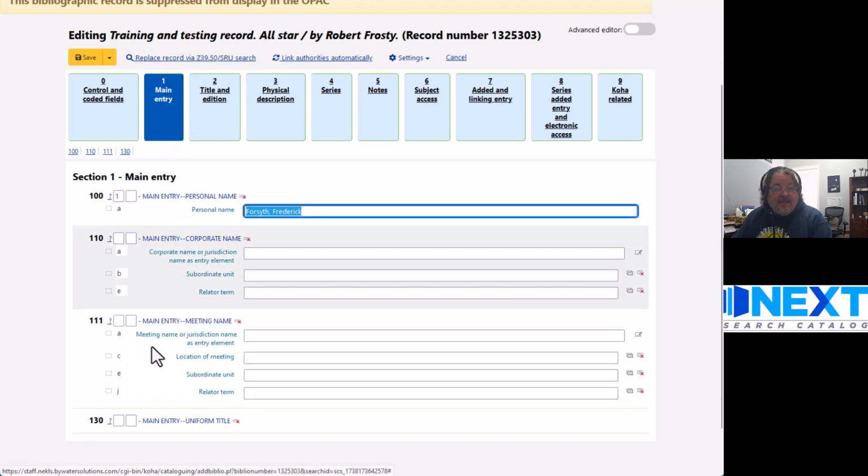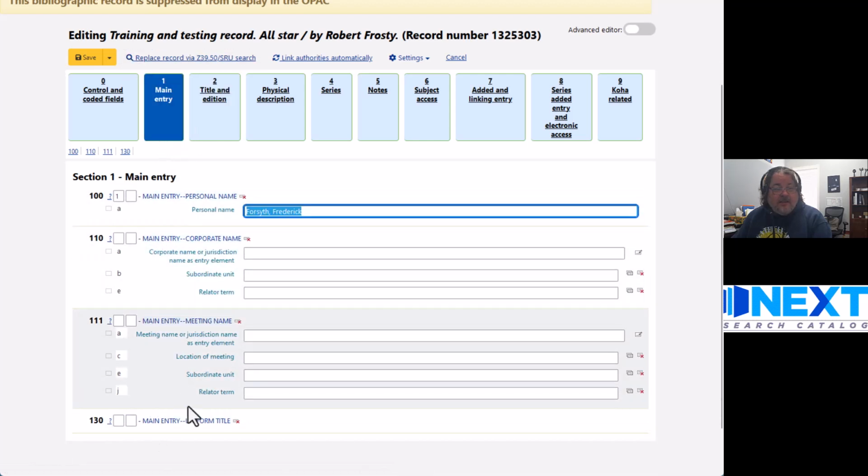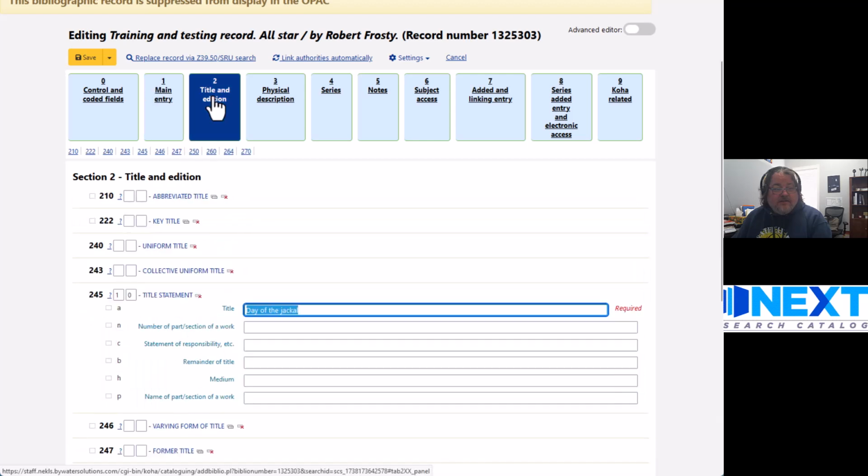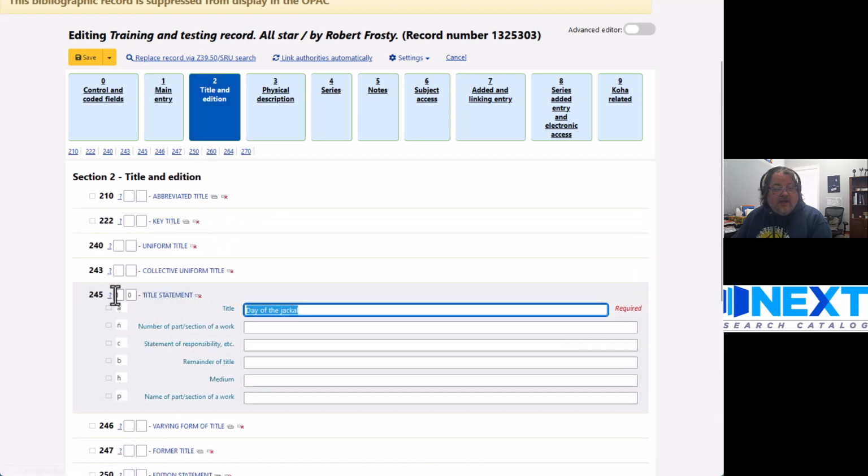Anytime you have a main entry in the 100 fields, the 245 first indicator should be a 1. It's called an added entry. So the title is considered an added entry if there is an author.